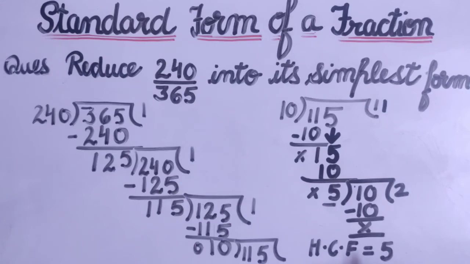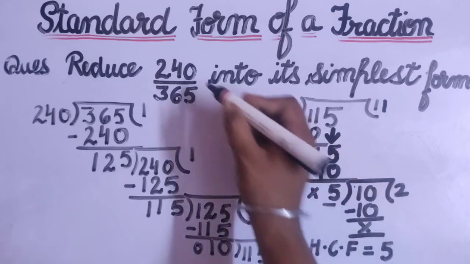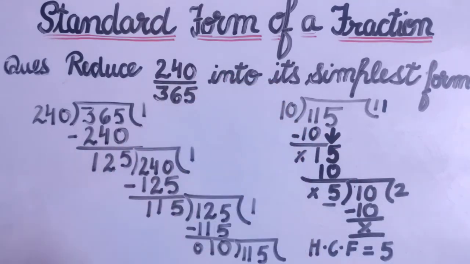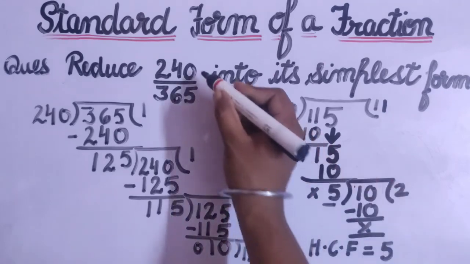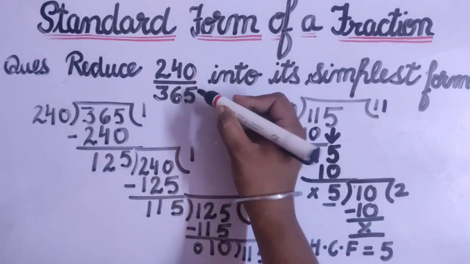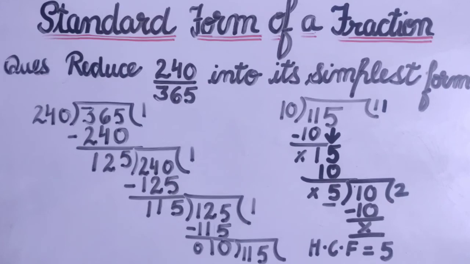So we have completed the first step. First step was to find out the HCF of numerator and denominator of the given fraction. Now the second step is, students, the HCF or the highest common factor which we have found out, we have to divide it with the numerator and the denominator of the given fraction. So let's do the second step.